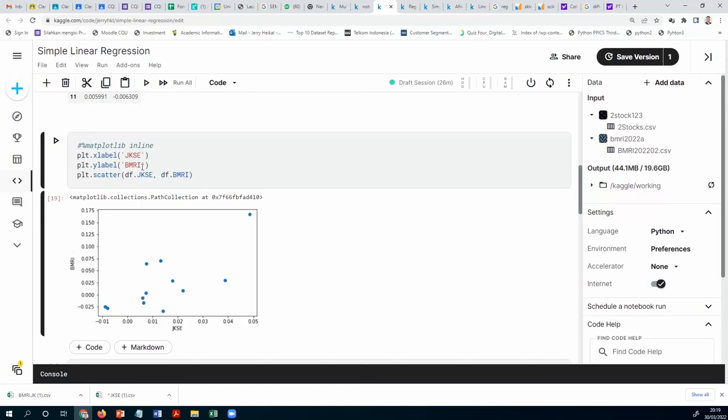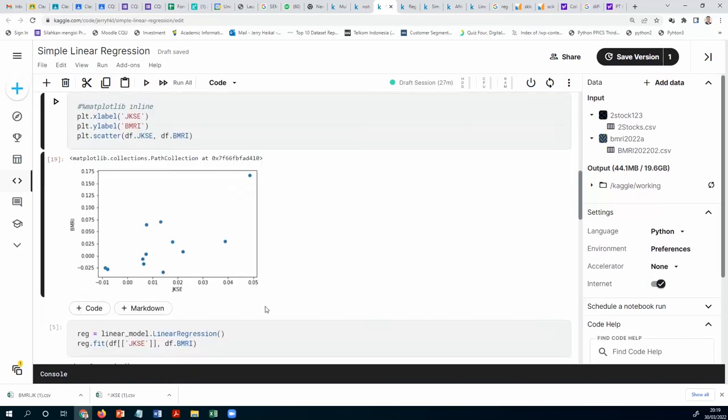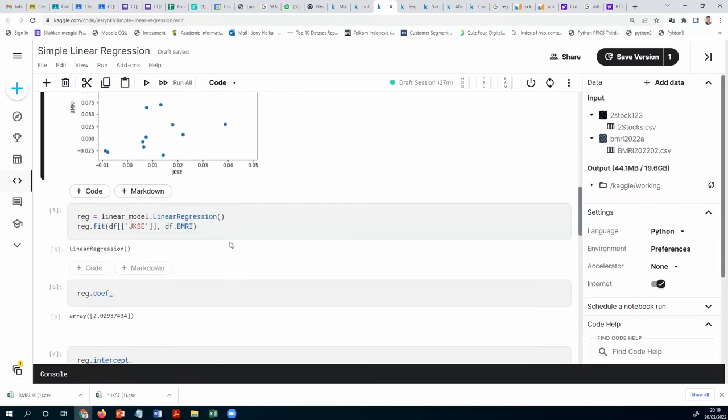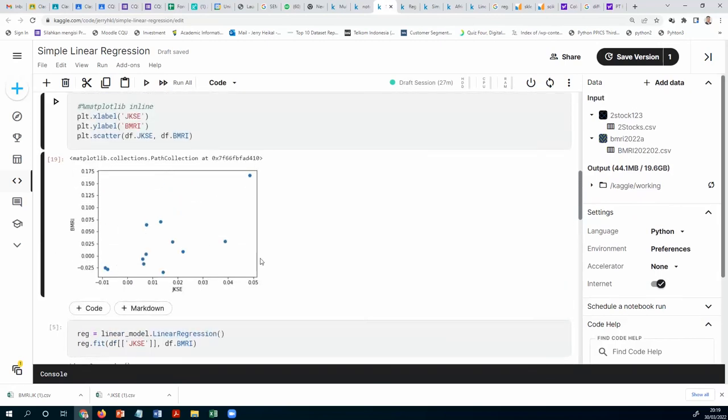So we would like to calculate the capital asset pricing model of the BMRI compared to the Jakarta Stock Exchange. And then the X label will be Jakarta Stock Exchange as the independent variable, BMRI as the Y variable. Okay, we have it scattered like this.